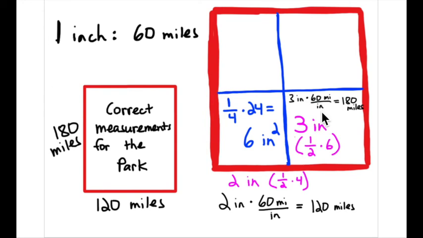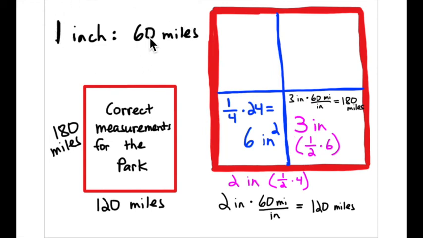You double the scale because you're getting twice as many miles in 1 inch. So 3 inches times 60 miles per inch equals 180 miles. So this is 120 miles by 180 miles. So these are the correct measurements for the park. So the scale is 1 inch for 60 miles.